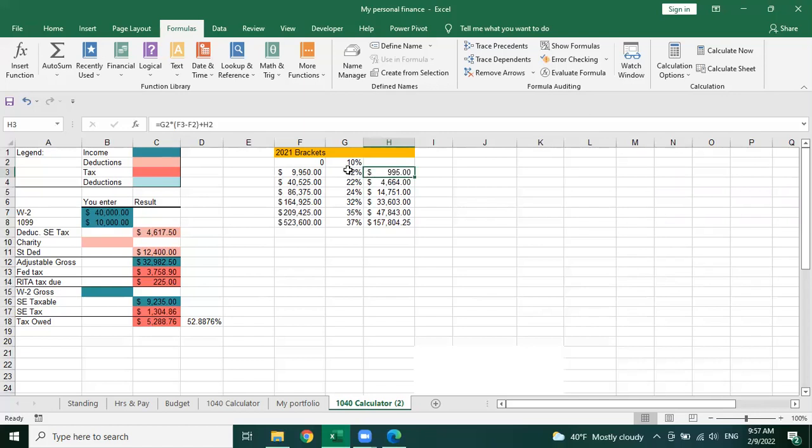This is the total on everything between 9,950 and 0, which means the whole thing at 10%. So you can see it's calculating 10% times the difference between these two, which means the whole thing, plus the previous total, which just means itself. This one, there we start adding, again, our rate times the difference, plus our previous total.